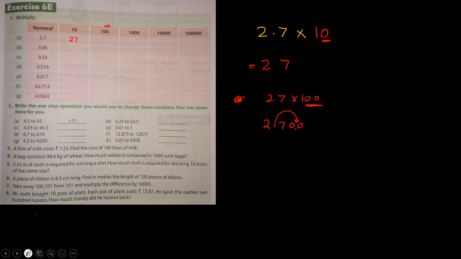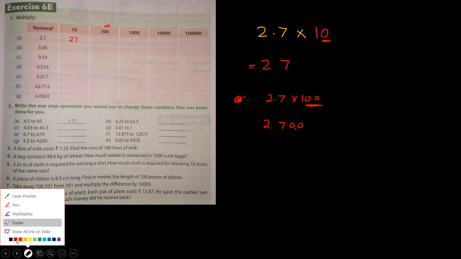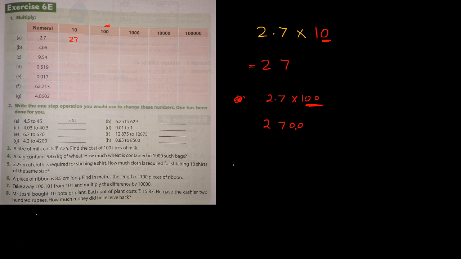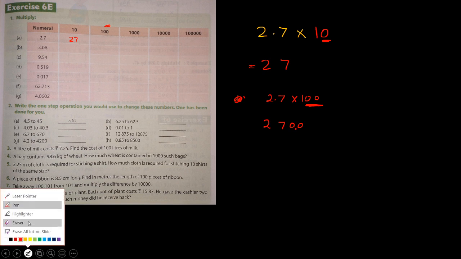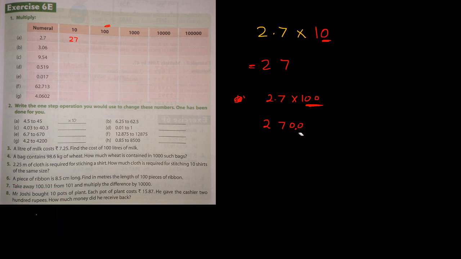Now this decimal will come here, so it will be 270. Why? Because I have told you, if there is zero after the decimal, it is not written. So your answer will be 270, and it is very important to understand this question.